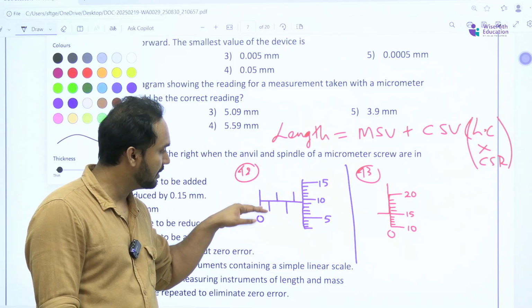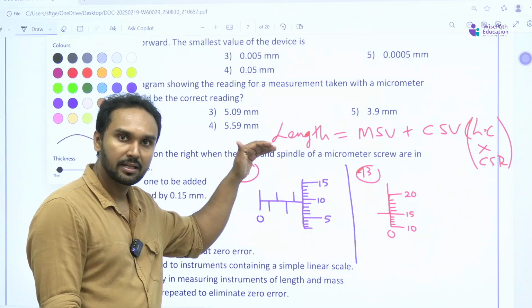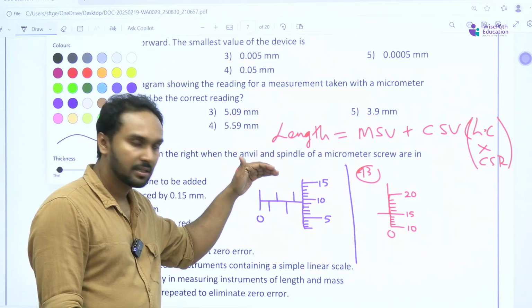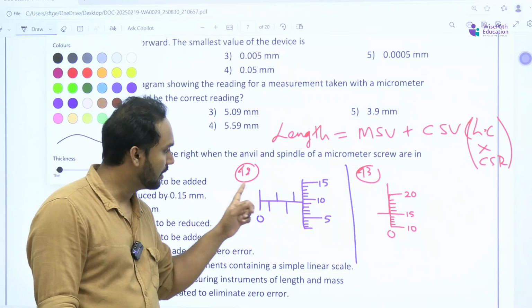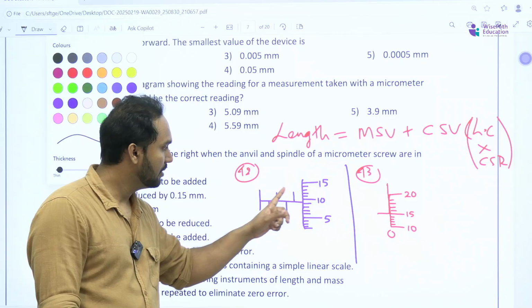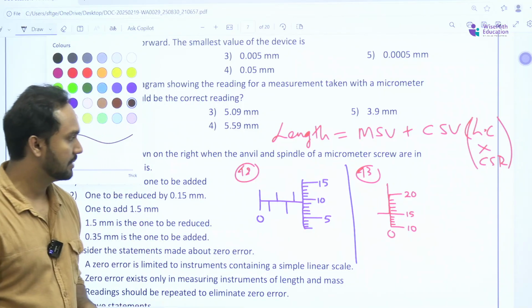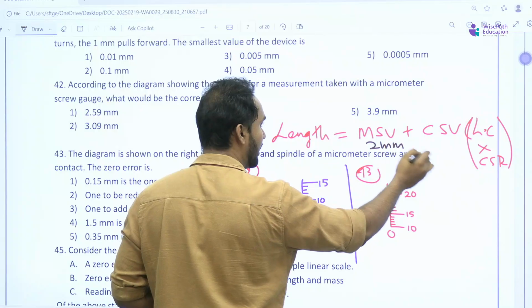So it happens like all the 0.5 values are downwards and the millimeter values are upwards. So you just count the upward values at once. There is 1, 2, 2 millimeters, right?